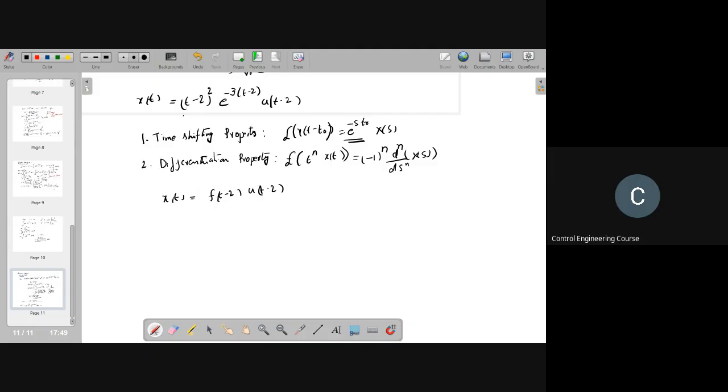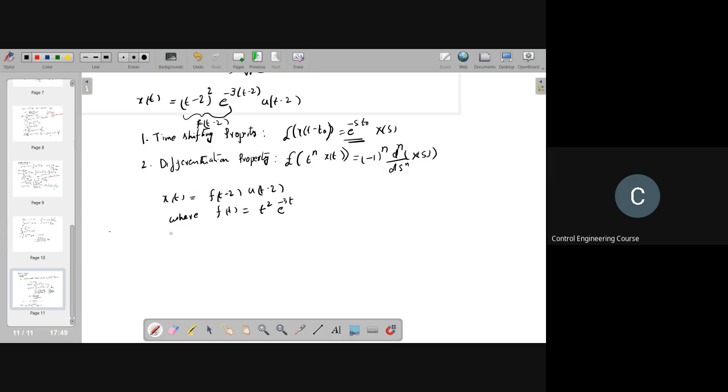This part I'm calling f of t minus 2, where f of t equal to t square e to the power of minus 3t, right?